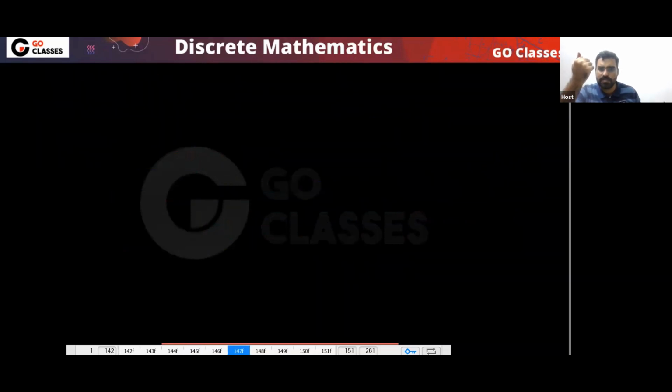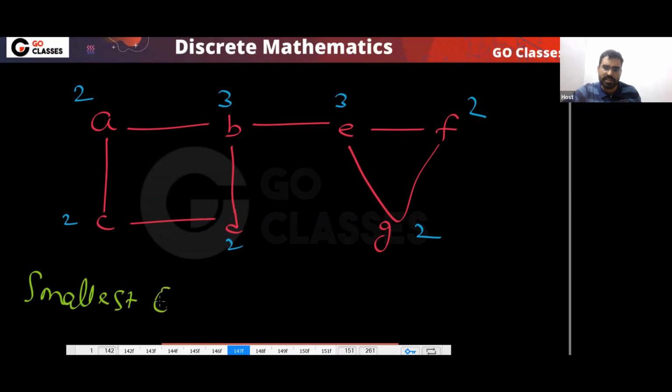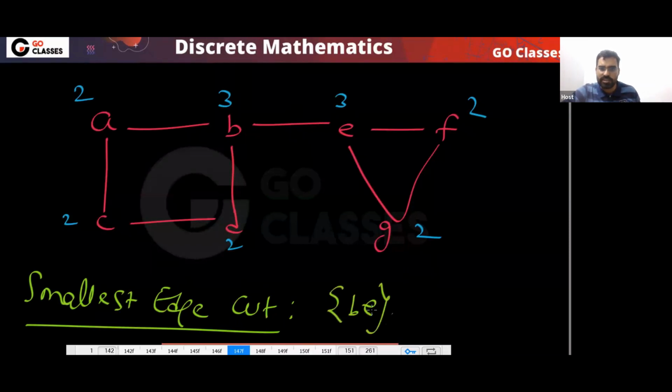Very simple. Let us consider this graph. What is the minimum degree? 2, 2, 2, 3, 3, 2, 2. Now tell me, what is the size of the smallest edge cut? This BE is the smallest edge cut.